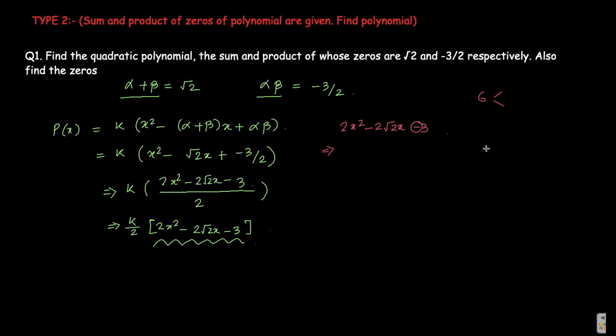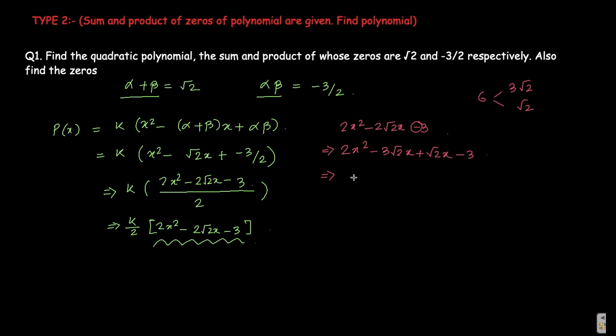If we split 6 into 3 root 2 and root 2, then 3 root 2 into root 2 becomes 6, and if we subtract root 2 from 3 root 2, it becomes 2 root 2. So it is 2x square minus 3 root 2 x plus root 2 x minus 3.